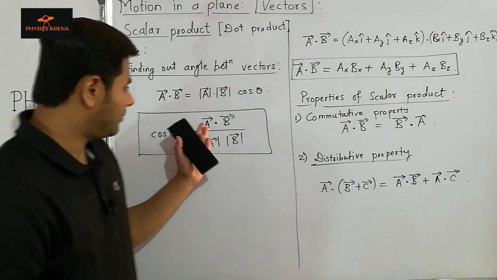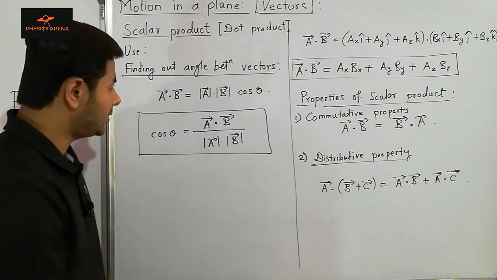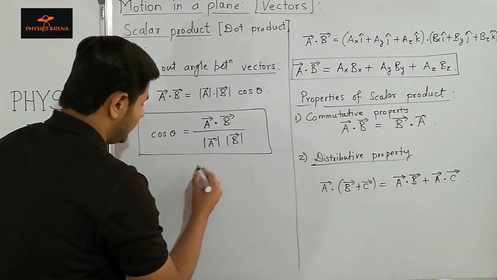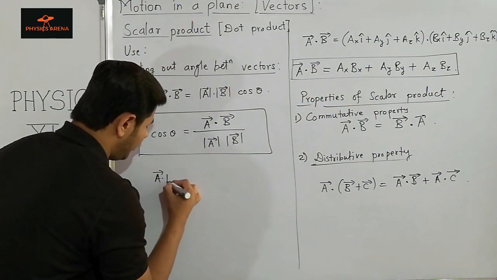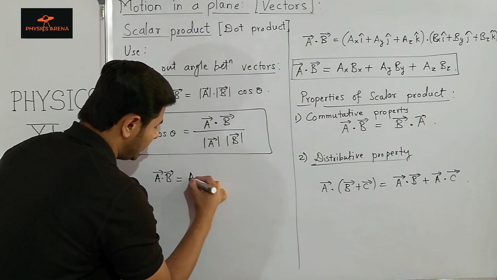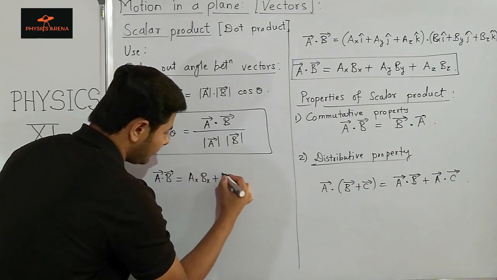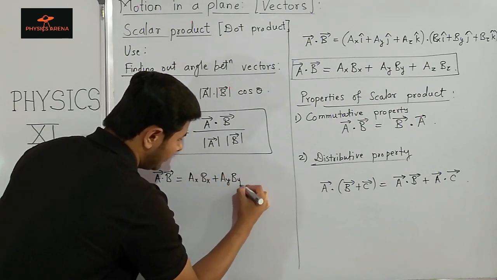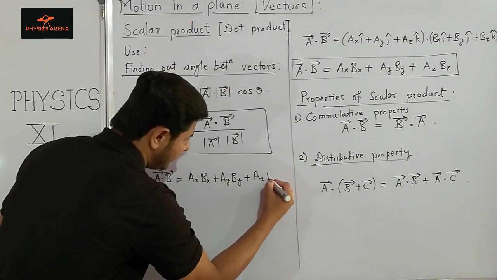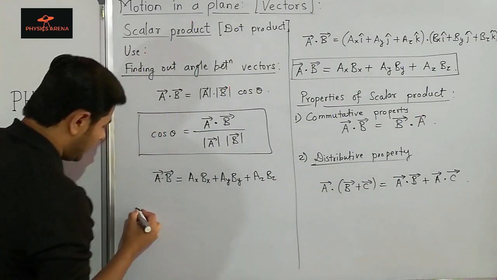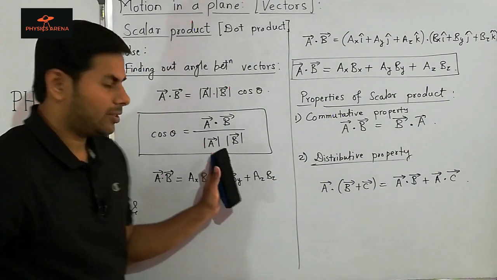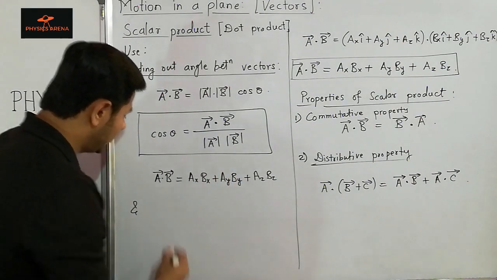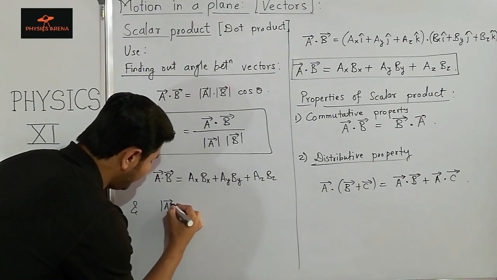Now we know that a bar dot b bar we'll have to substitute. It is equal to this, where a bar dot b bar is equal to ax bx plus ay by plus az bz, and we also know these magnitudes because we know resolution.